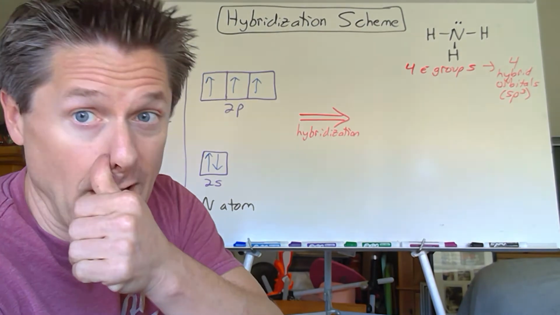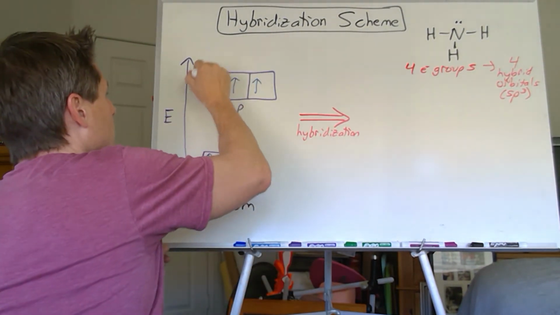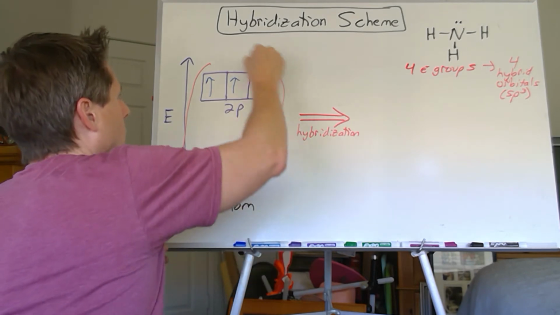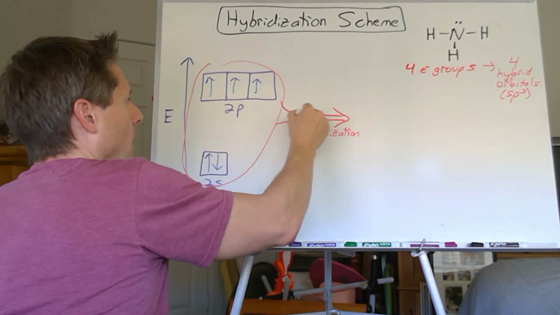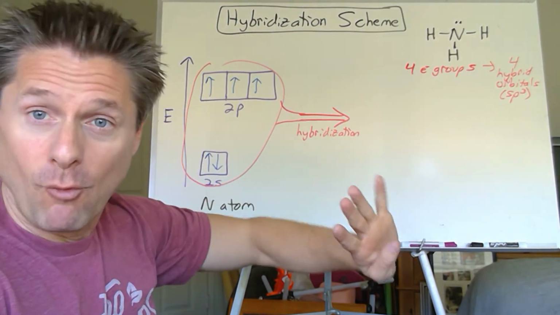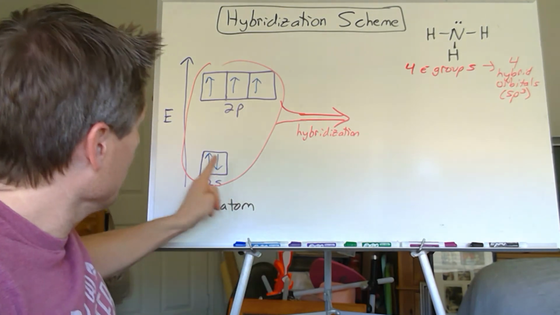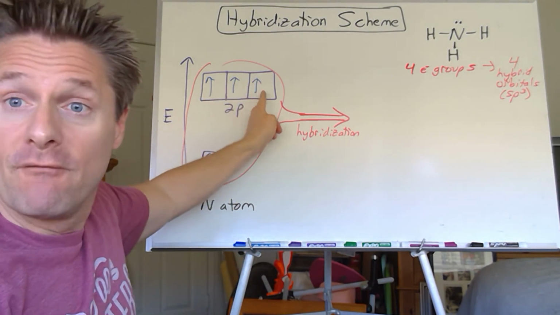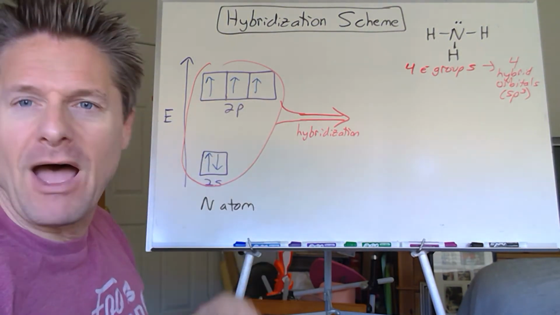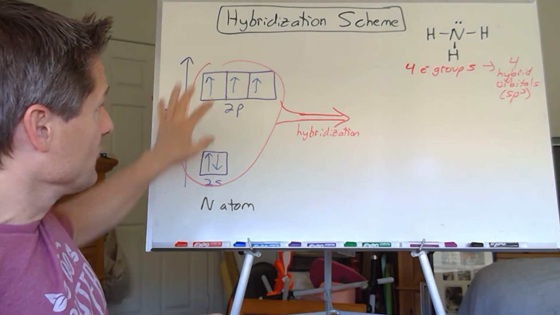That would require 4 atomic orbitals. So I need the s and all 3 p's. So I'm going to circle them all. I need all 4 of them. To get 4 electron groups, I need 4 hybrid orbitals. To get 4 hybrid orbitals, I need to hybridize 4 atomic orbitals: 1, 2, 3, 4. I need them all. You don't have to specify 2px, 2py, 2pz. They're all degenerate.